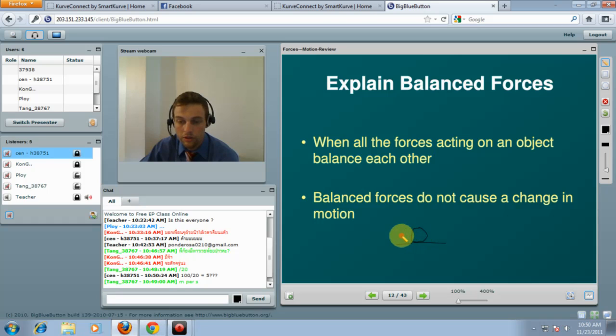We have, say, some wind acting on it this way. We have the resistance from the wind. So this is the wind, and this is the rock. It's too heavy to be moved by the wind, so it's pushing back.